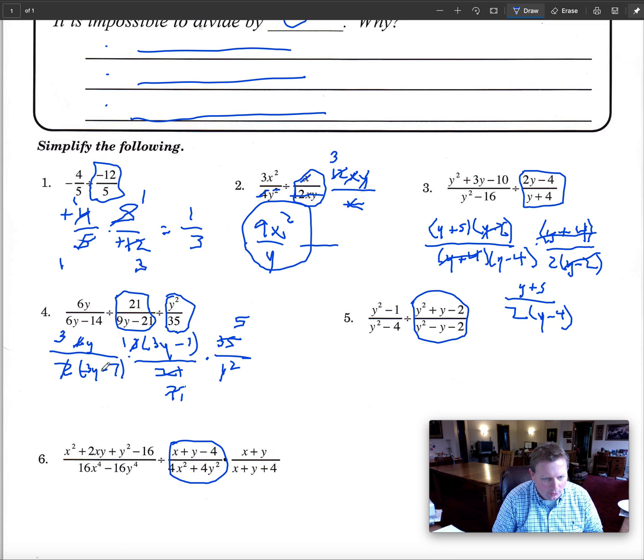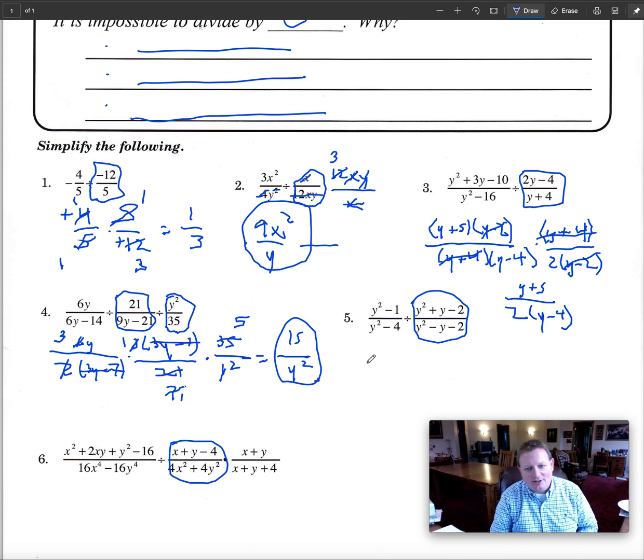Aiden. Oh, the 3y minus 7s will cancel. Great. That doesn't look like a 7, but it is. So on top, what do we have left? 3 times 1 times 5. What does that give us, Jacob? That's a 15. Great. And Danielle, what's left on the bottom? y squared. Great job. So this is 15 over y squared. And that's what it is.